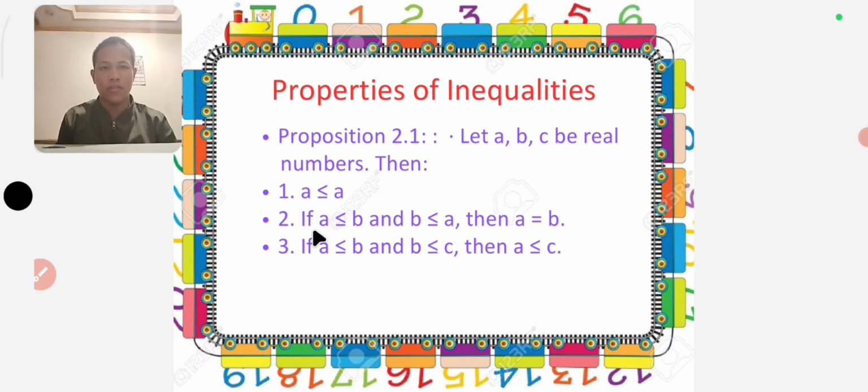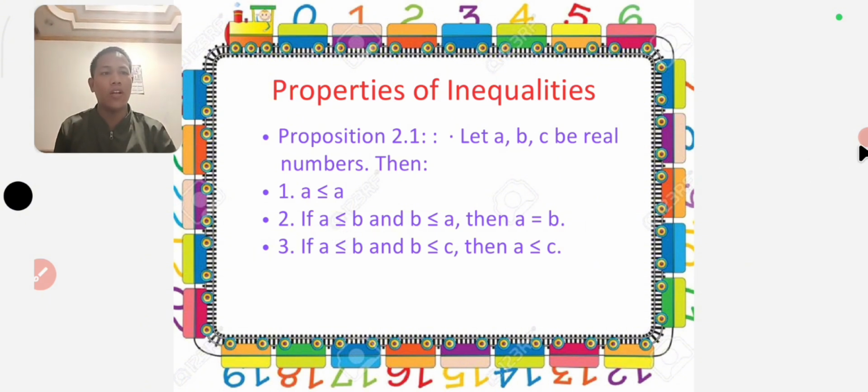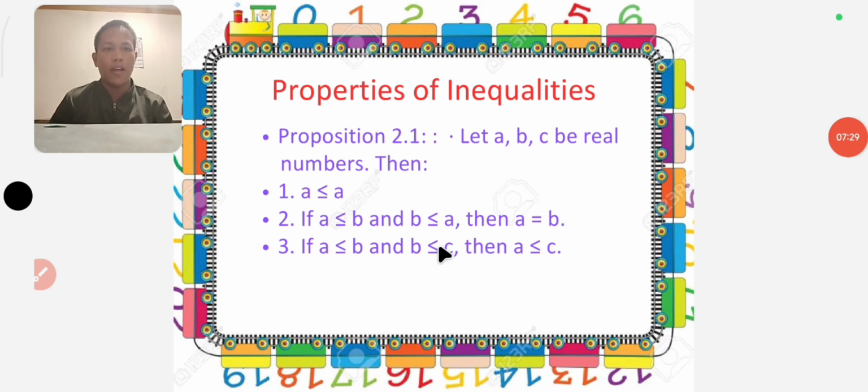Second, if A is less than or equal to B, and B is less than or equal to A, then A and B are equal. Third, if A is less than or equal to B and B is less than or equal to C, therefore A is less than or equal to C, because B bridges A and C.